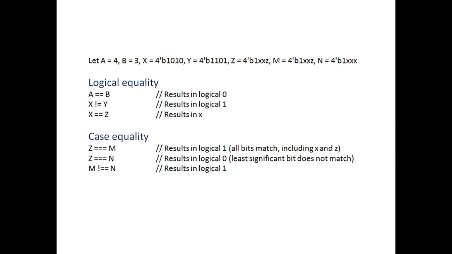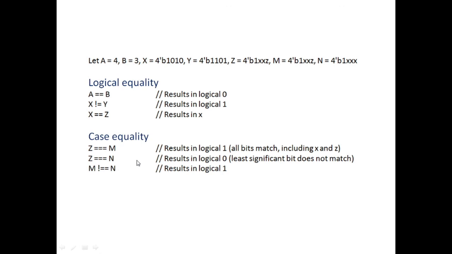So what does case equality mean? I need to use three equal operators. Z triple equal to M. The case equality operator compares both operands bit by bit, and compares all the bits including x and z.